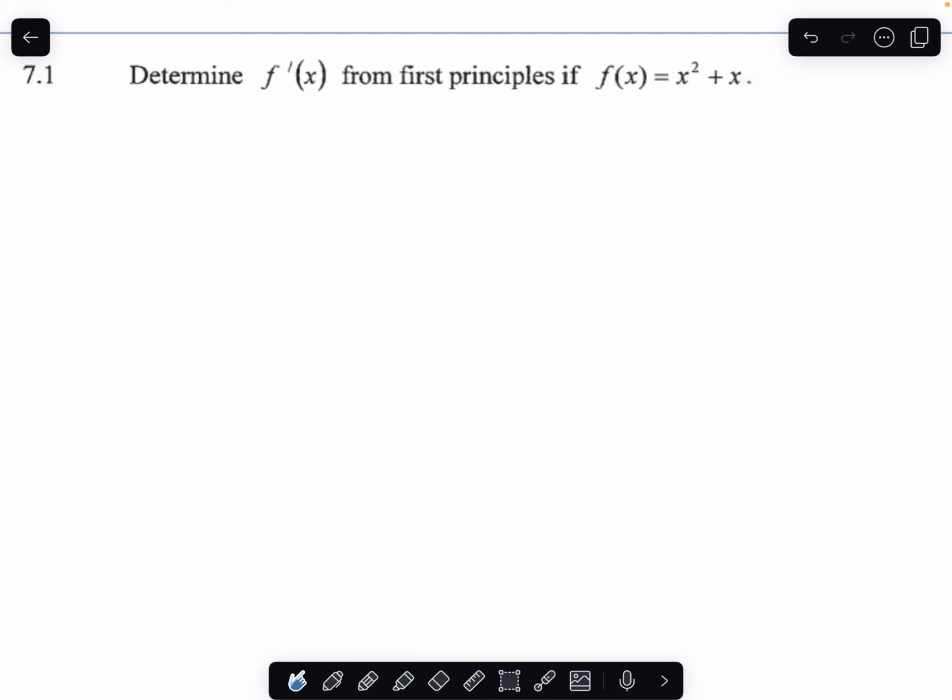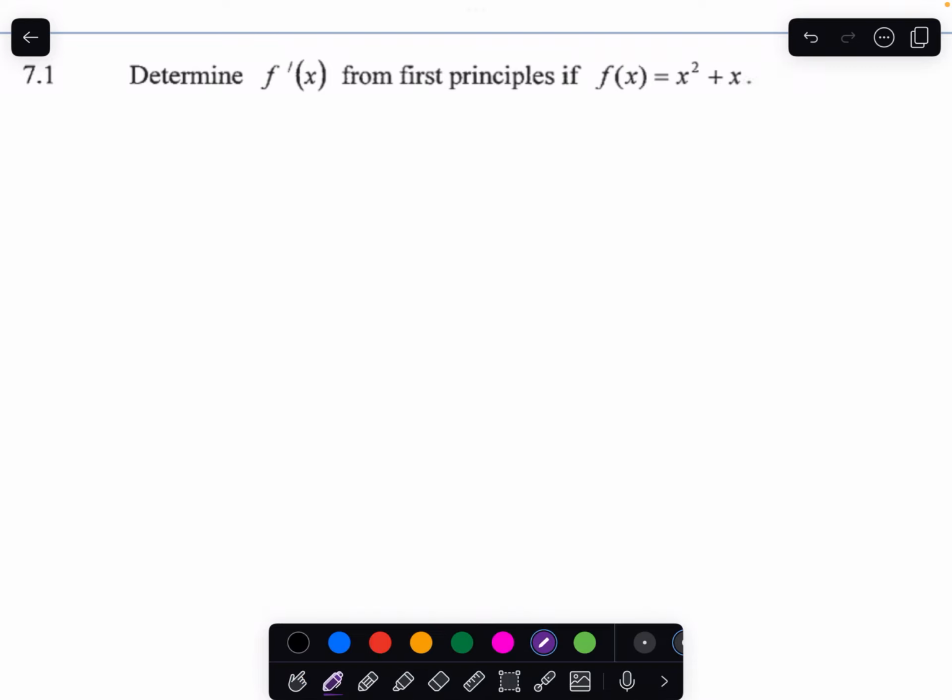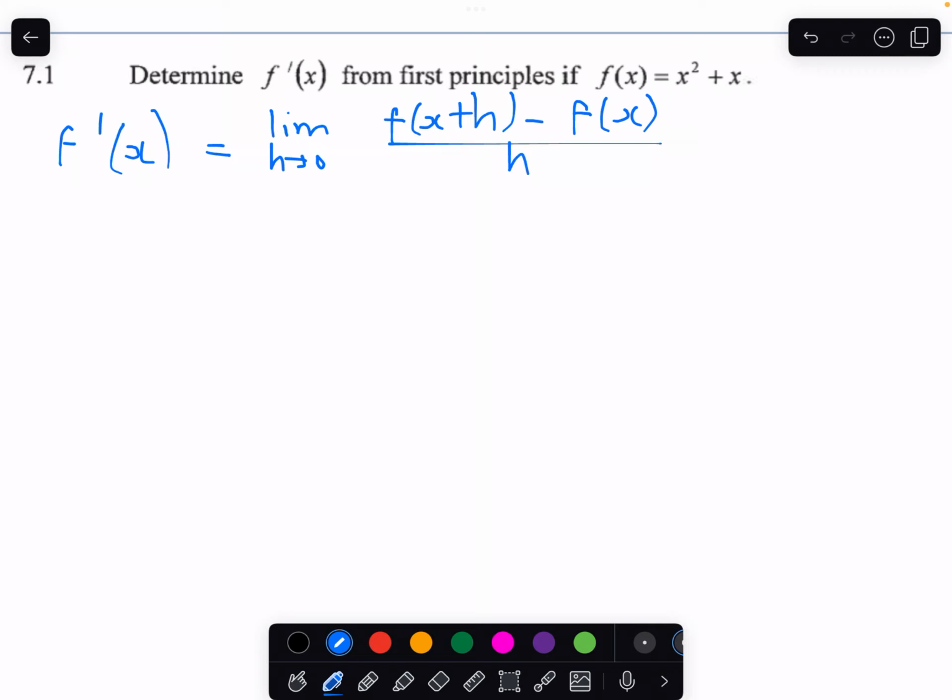Differentiating using first principles is pretty much using the definition of f prime x, which is the limit as h approaches 0 of f of x plus h minus f of x, divided by h. This is something you've probably seen in your calculus studies.